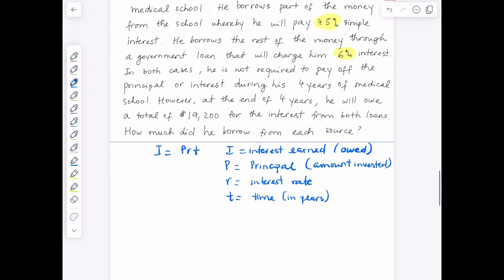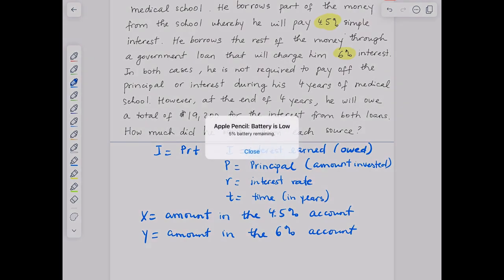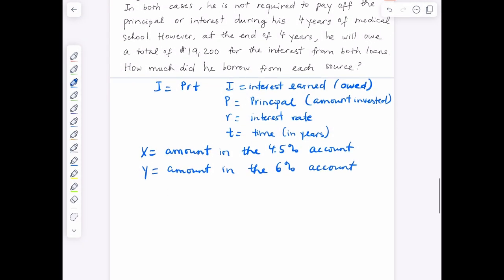So let's call X the amount in the 4.5% account, and Y will be the amount in the 6% account. We know for a fact that these two amounts will add up to 100,000.